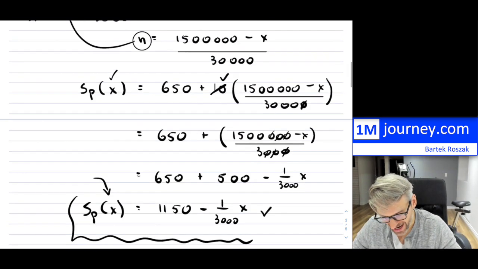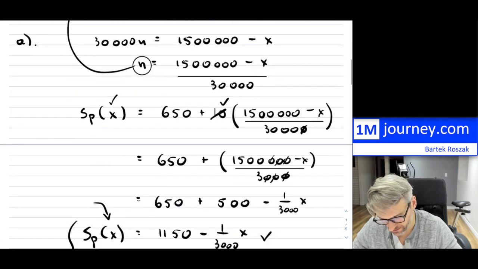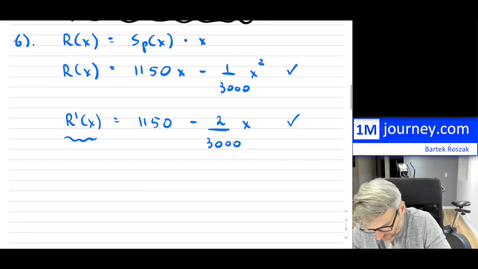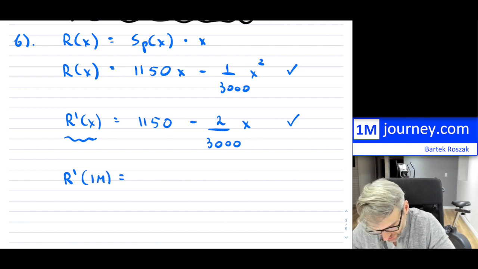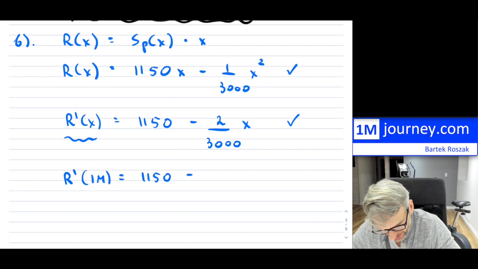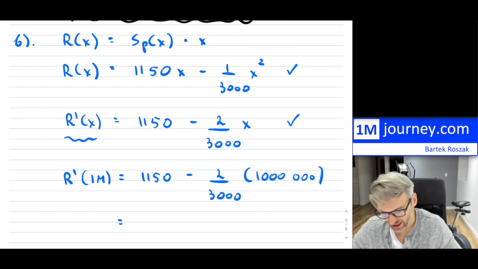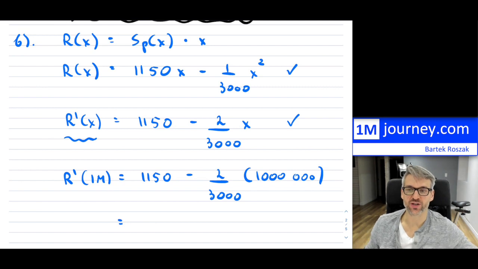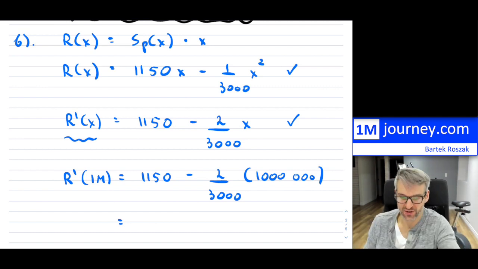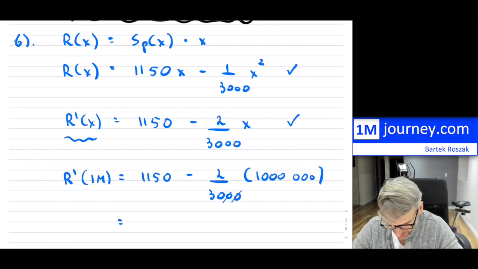Now, they are asking us when the sales are 1 million. So we have to substitute 1 million into this function, and we're going to know exactly how our revenues are changing. Let me cancel the zeros.